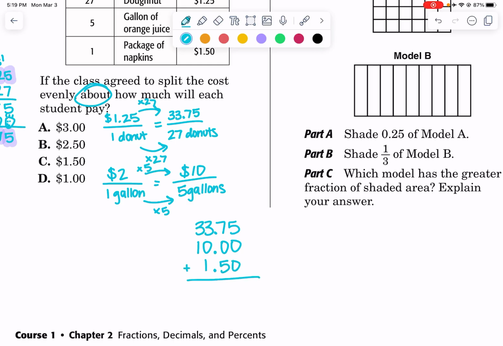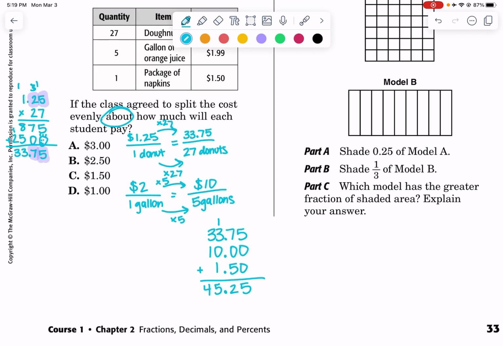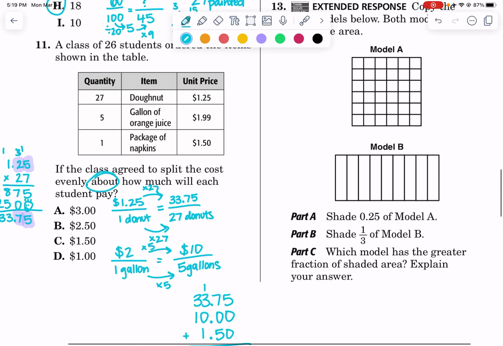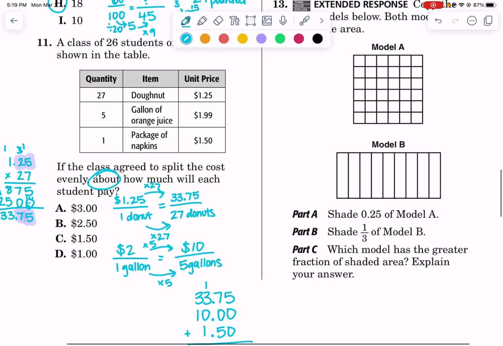Let's add. 5 plus 0 is 5. 7 plus 0 plus 5 is 12. I'm going to bring the decimal straight down. 1 plus 3 plus 1 is 5. 3 plus 1 is 4. It's going to cost $45.25 for everything. So everyone in the class is splitting this evenly.